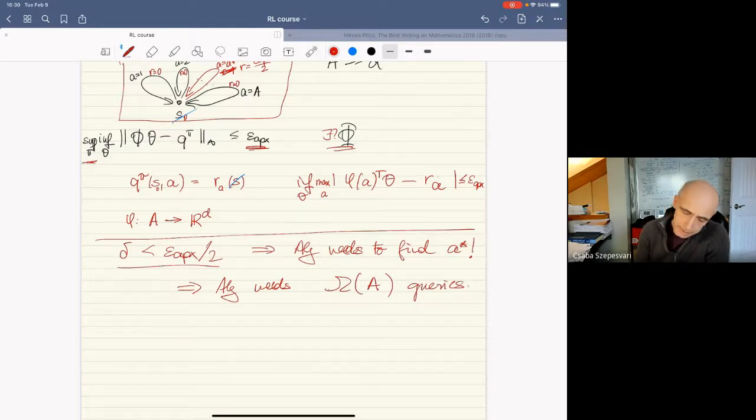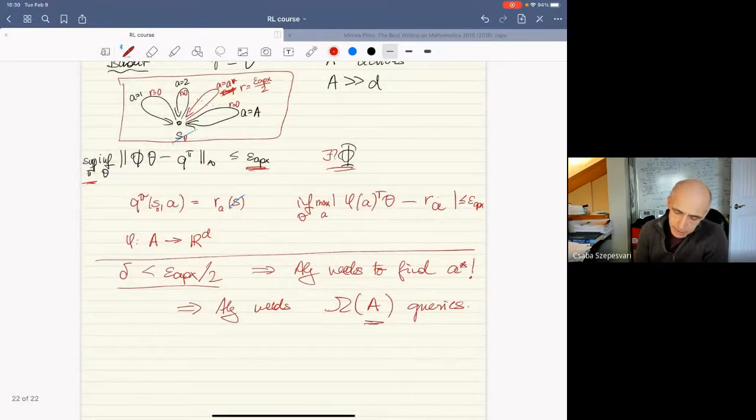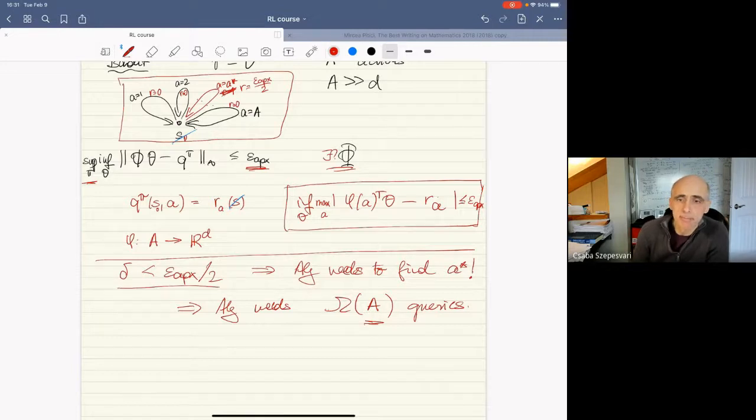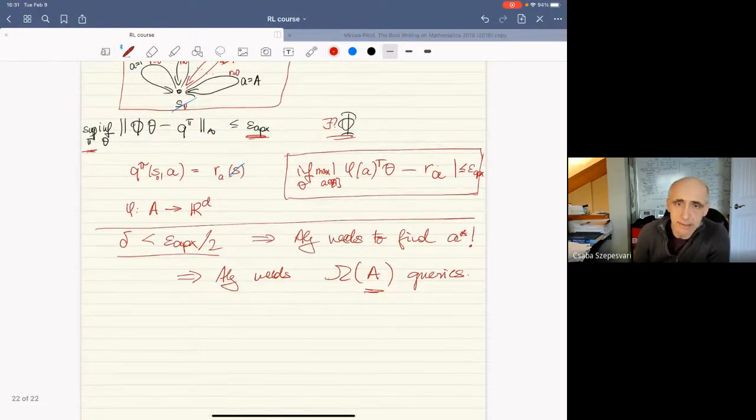Okay. So what remains to be seen is how big can A be? How many actions can we choose such that we can satisfy this approximation requirement with some features? Here, this is over all the actions. One idea is, well, we can certainly choose d, right?